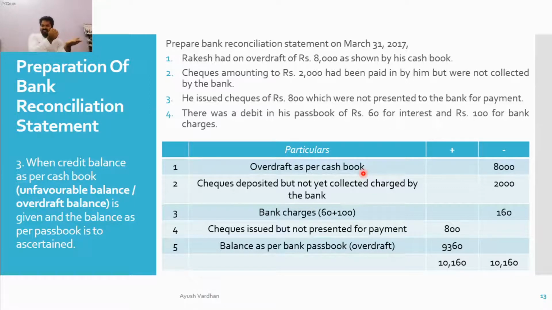But what happens with our target? The target is the passbook. Our target doesn't know that this has been deposited into the bank, because it takes 2 to 3 days for the bank to clear that amount.